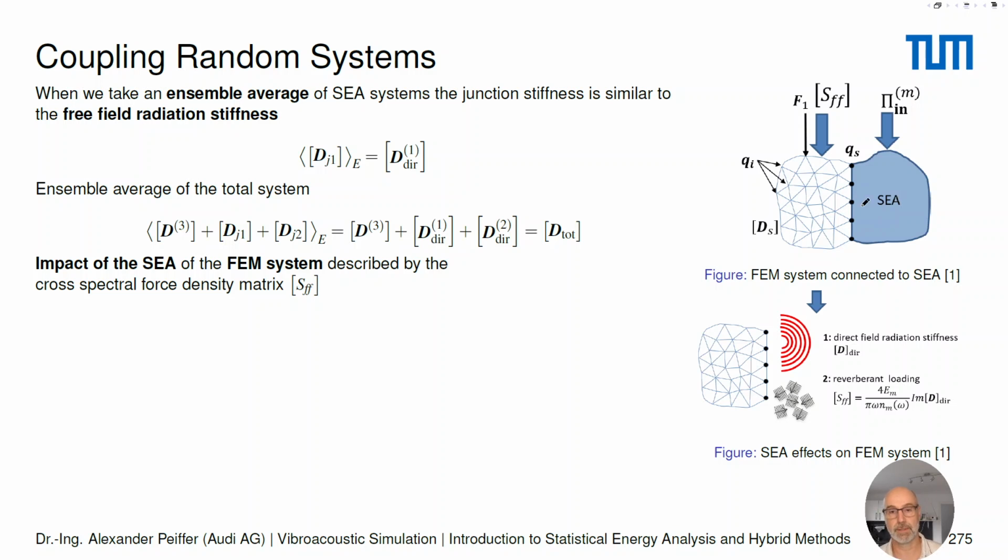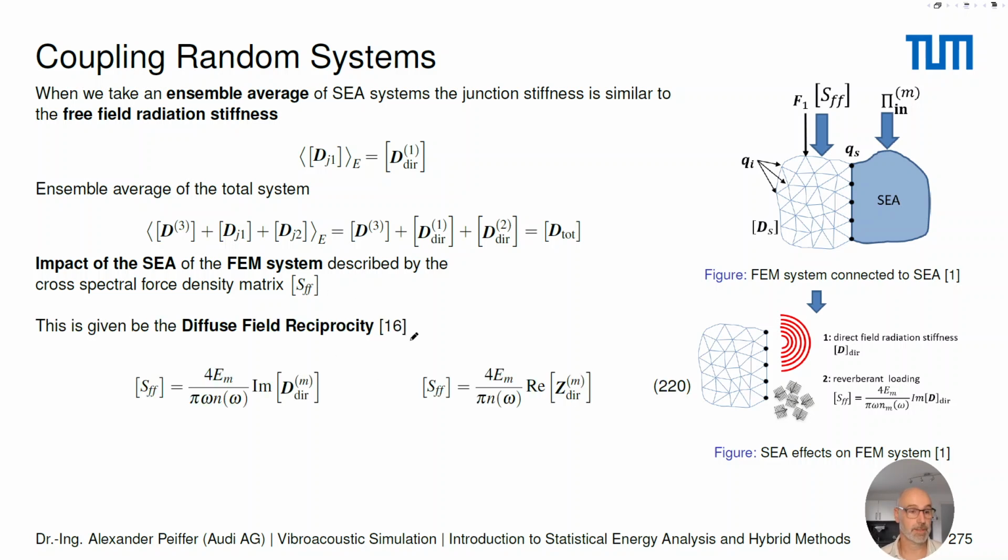So this creates a loading on our FE subsystem, and this is given by a cross-spectral density matrix. And normally it's quite hard to calculate this, but as we have learned, there's an extremely practical relationship which is called the diffuse field reciprocity, derived by Langley and Shorter. And this provides the cross-spectral density matrices from few quantities.